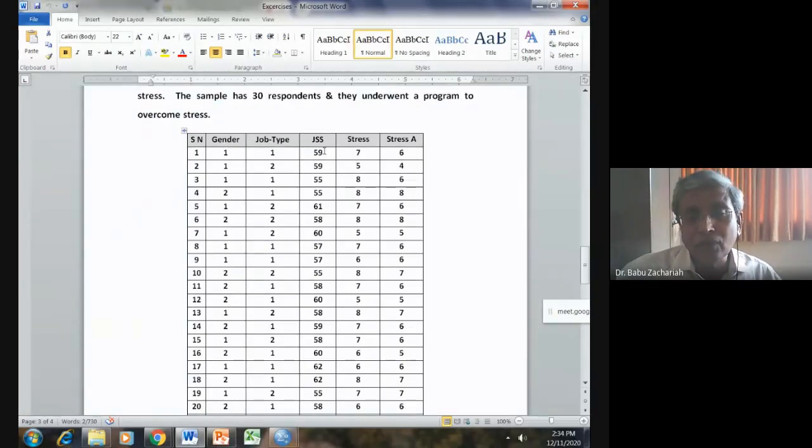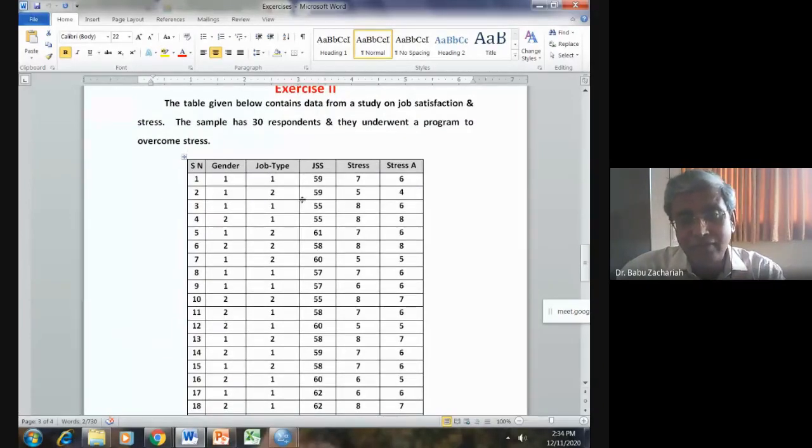JSS stands for job satisfaction score. Stress and stress A. Stress A means stress after the intervention. Some intervention was done. First, stress and JSS were measured, and afterward they had a program to improve the situation. Again, stress was measured.